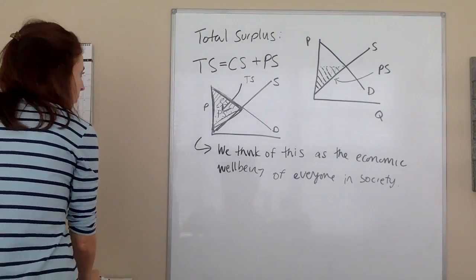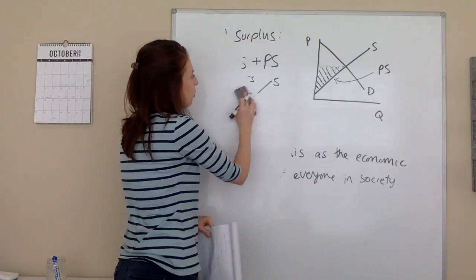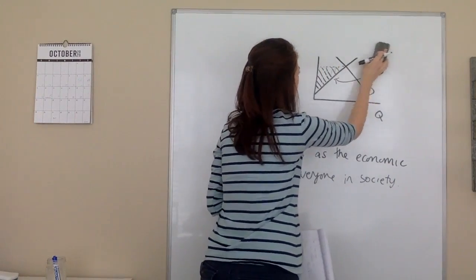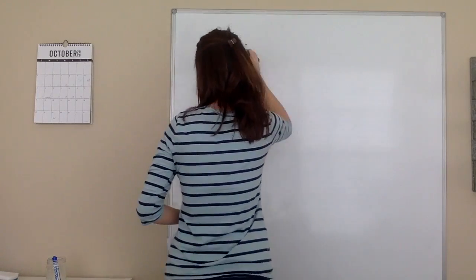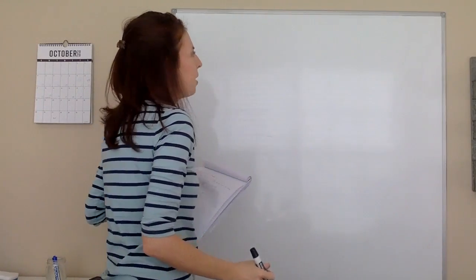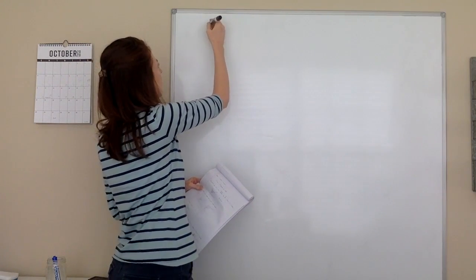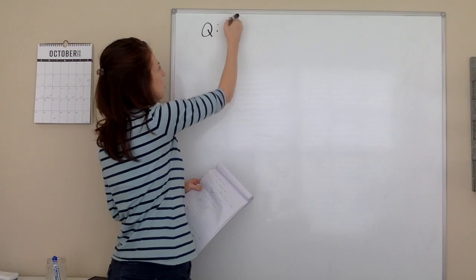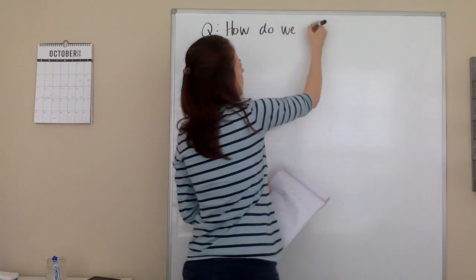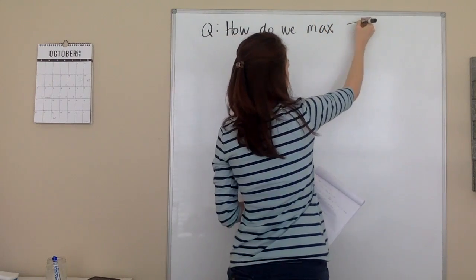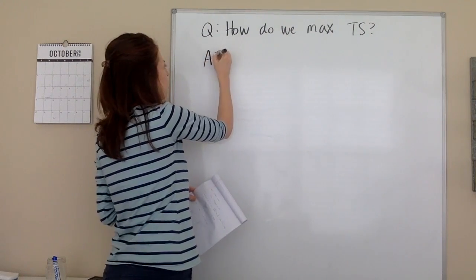So the idea is, most of the time, most people want economic well-being or total surplus to be maximized. So how might we do that? We'll frame this as a question. So the question is, how do we maximize total surplus?